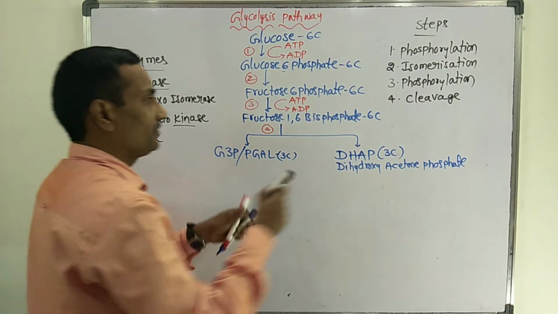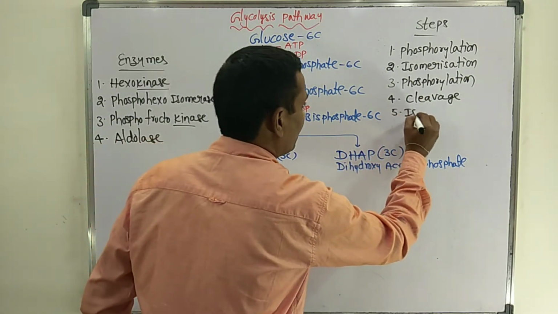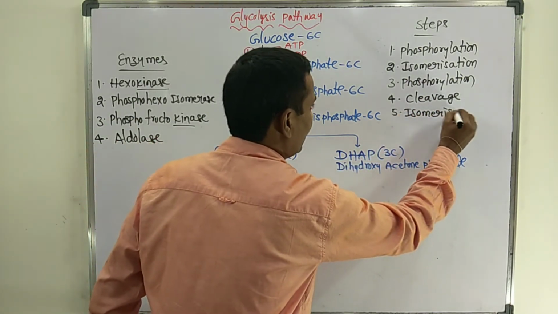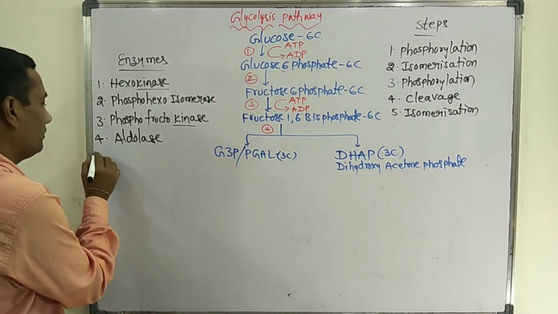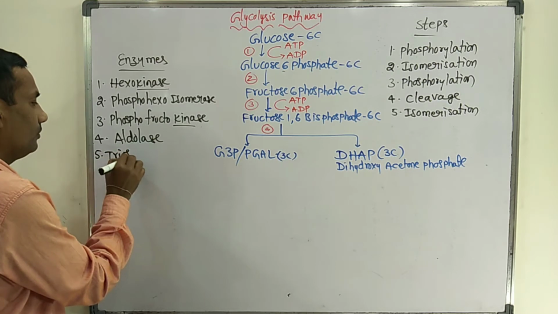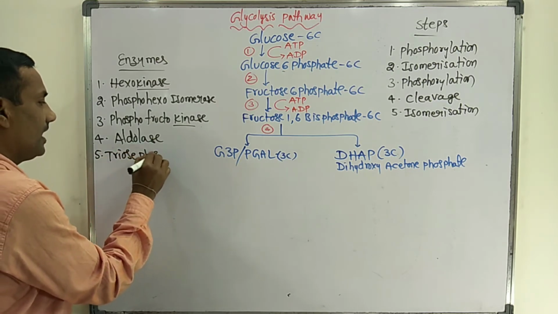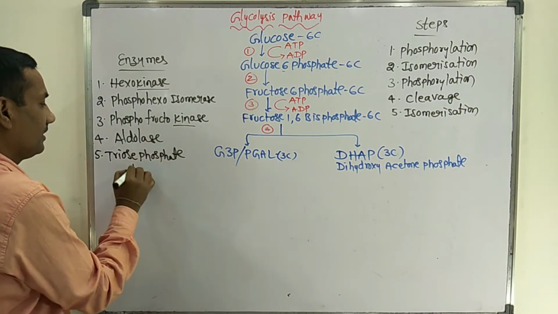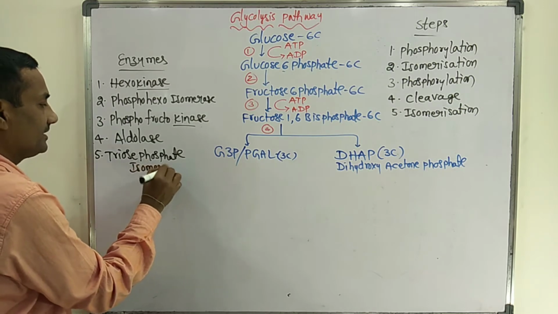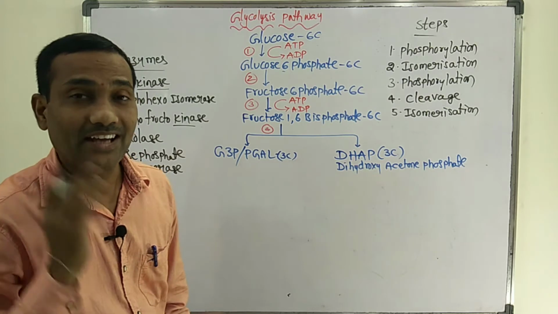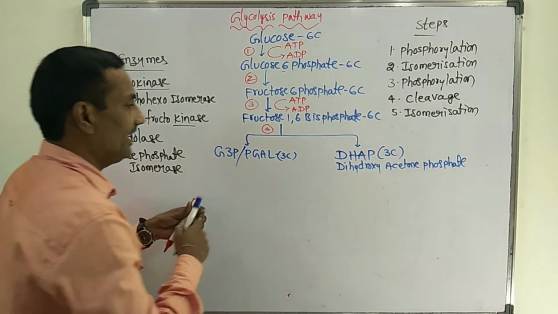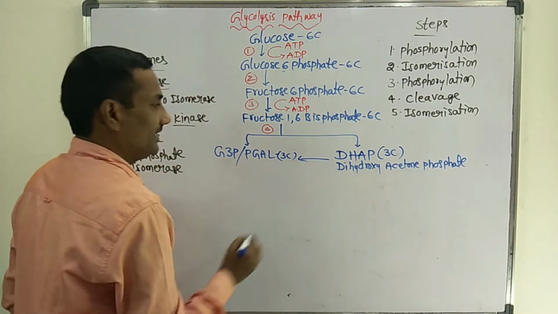Next, the fifth step, that is isomerization. That process is catalyzed by triose phosphate isomerase. This enzyme plays an important role in the isomerization of DHAP to G3P.